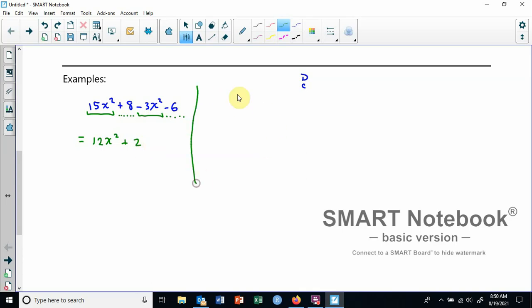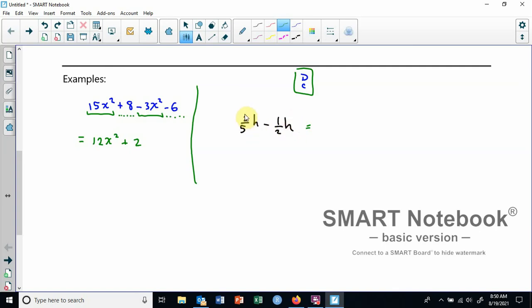Okay, let's do another example. How about diving into some stuff we've done before? 2/5 h minus 1/2 h. This one's quite simple to distribute and combine because there's nothing to distribute. We go to combine and there's only 2 terms and they're both like because they both are just a plain h.